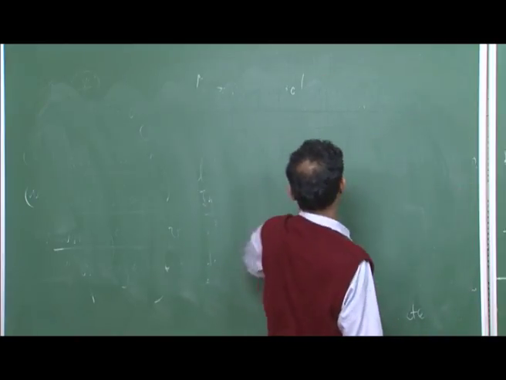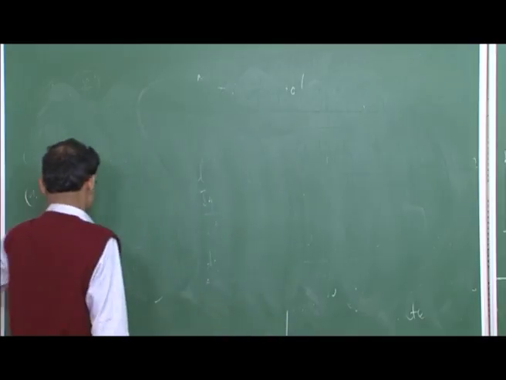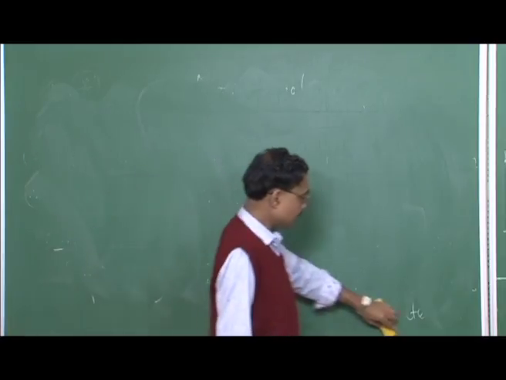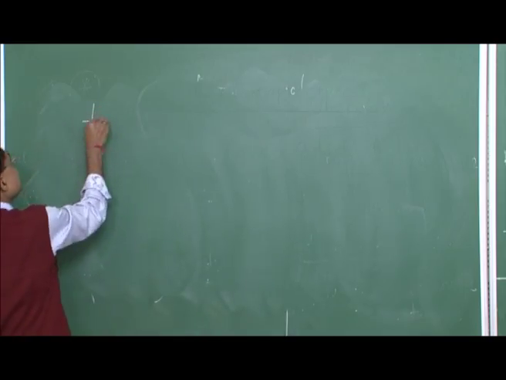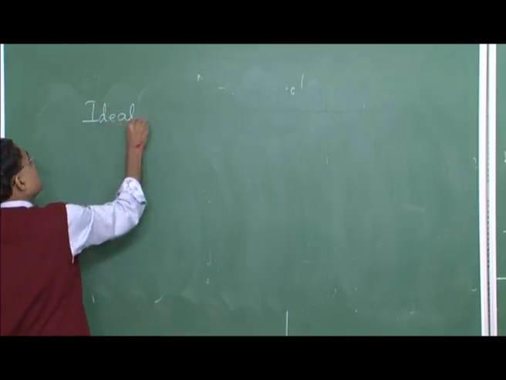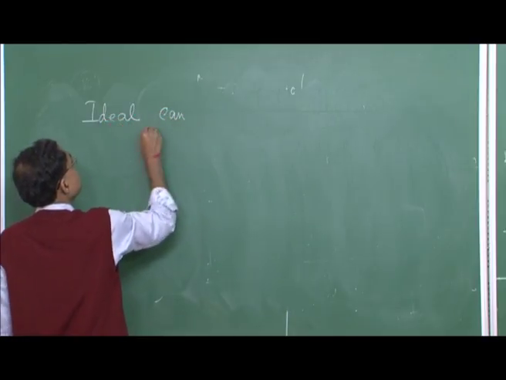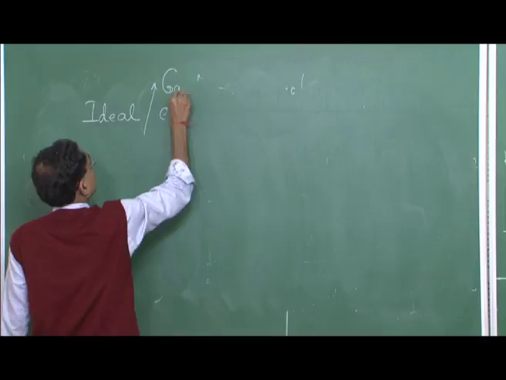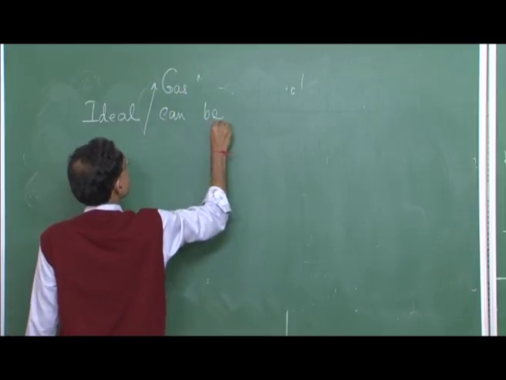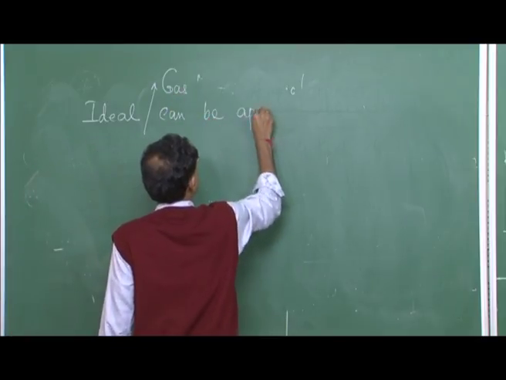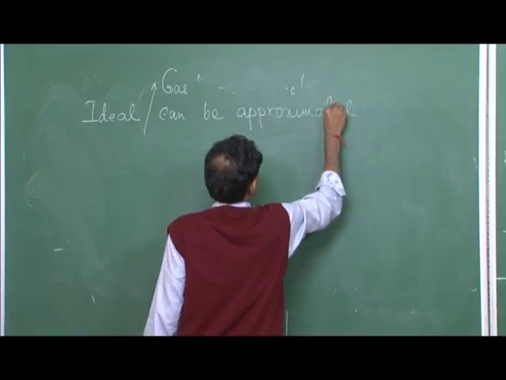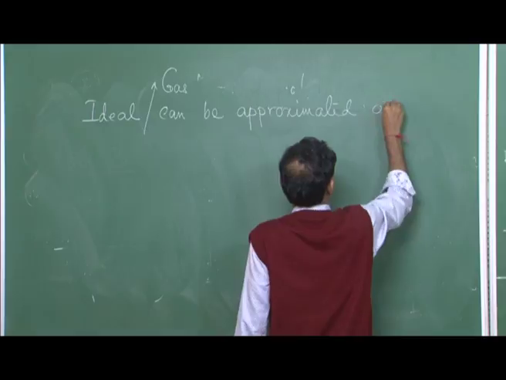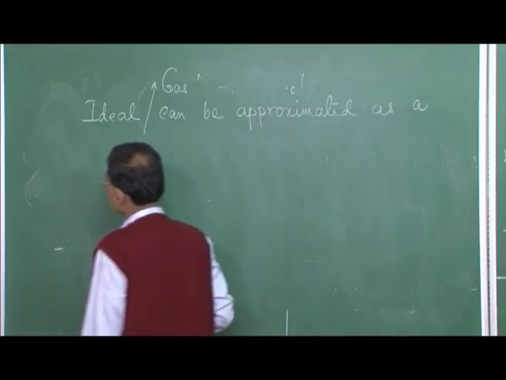Well, often you will find the answer in the books, but I will try to explain to you why, in some limiting situation, an ideal gas can be approximated as a limiting situation.